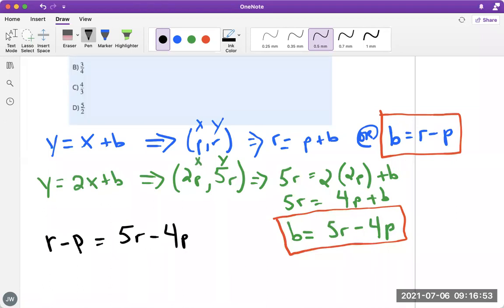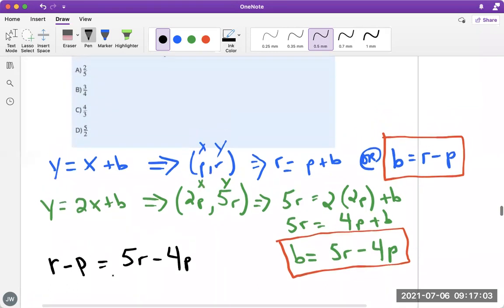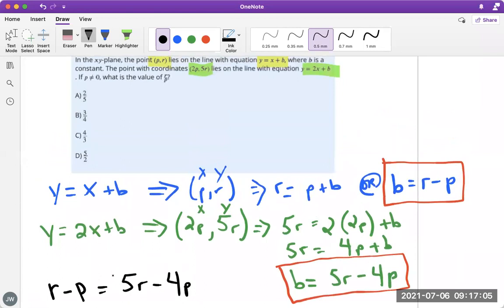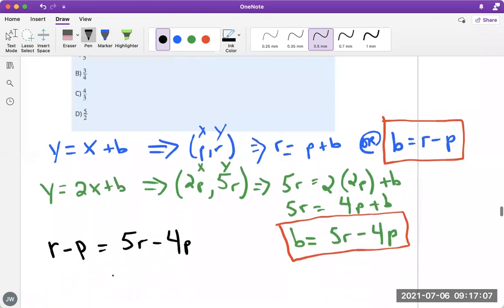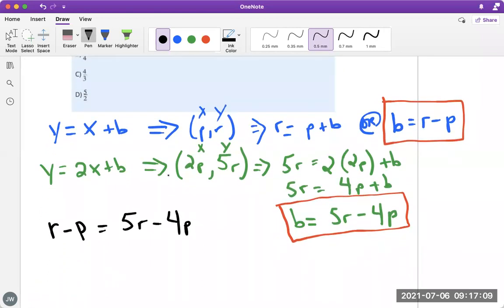A little more calculations than last time, right? Well, now we just need to combine. But remember, we're trying to solve for, what was it? Scroll back up. We want to find the value of r over p. Okay, good. So let's combine. Let's move that over because I'm trying to make sure my variables are positive.